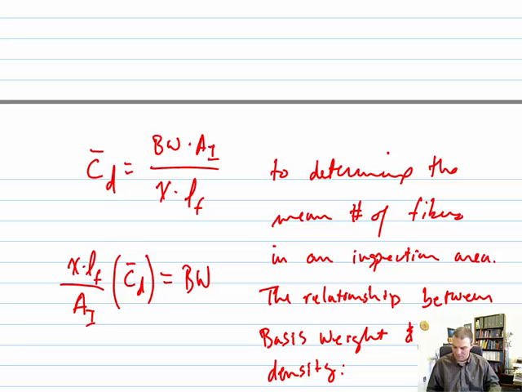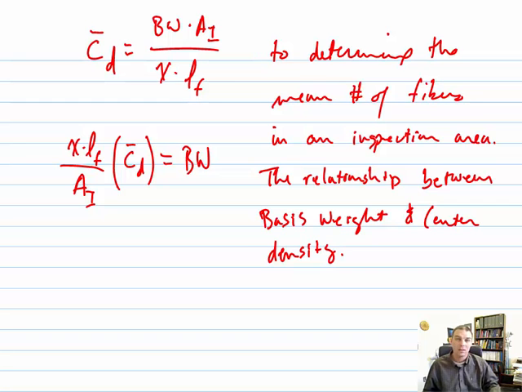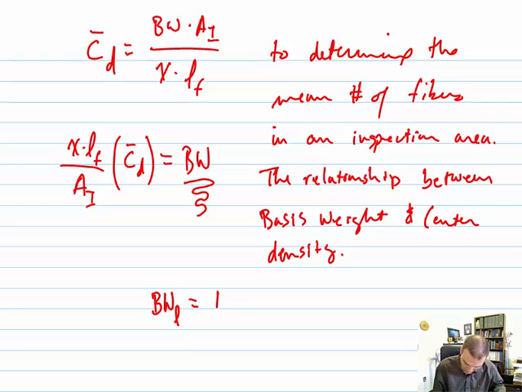So let me just foreshadow very quickly to the next topic. The next topic we're going to talk about is formation index, and there we're going to look at the variability. So instead of the overall, the average basis weight, we want to know BW sub L, the local basis weight.